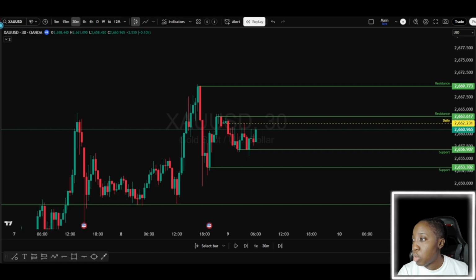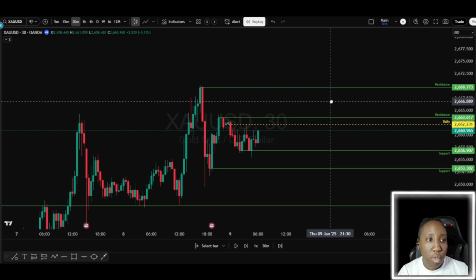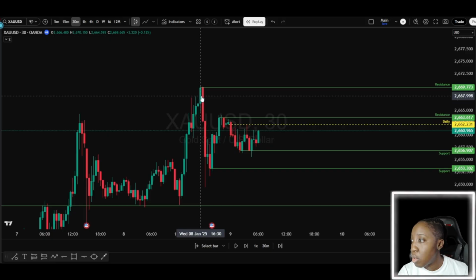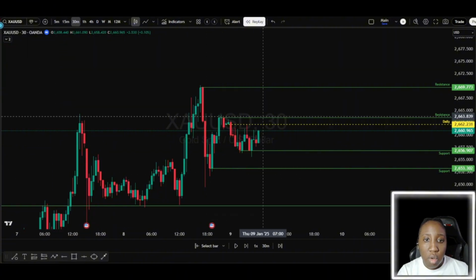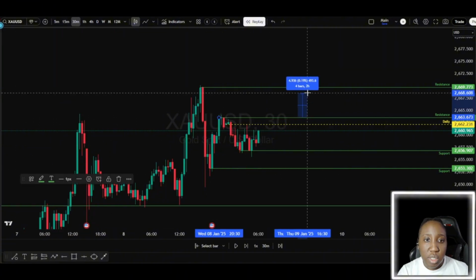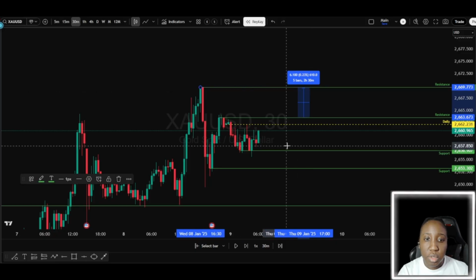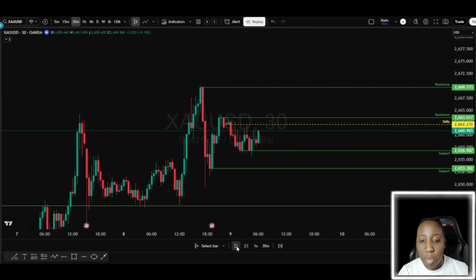Alright, so what would I be looking for here? Maybe a breakout. It's a bit tight. 60 pips. It's not bad. Not a super bad range. Let's see how these candles play out.